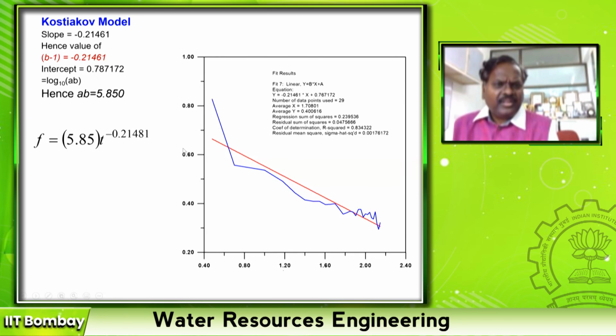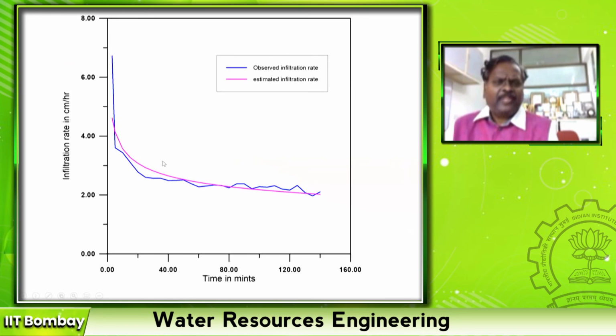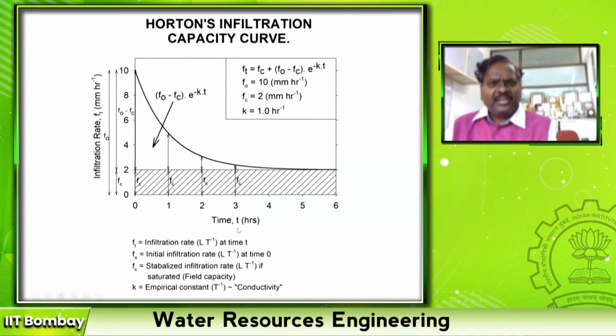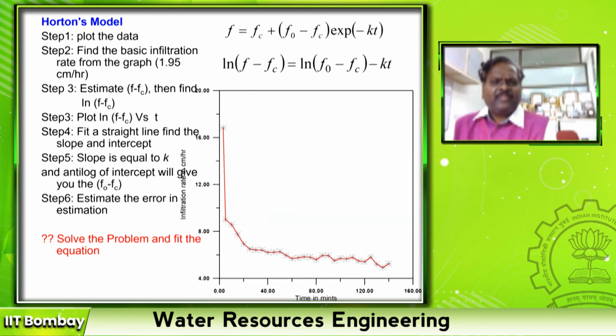Then the infiltration equation becomes like this, right? Then I did it for Horton's model also. Plot the data from basic input. This is the constant value. You can take the average, then subtract it from each observed infiltration rate, take natural logarithm, and plot against time, and the graph will look like this, right?